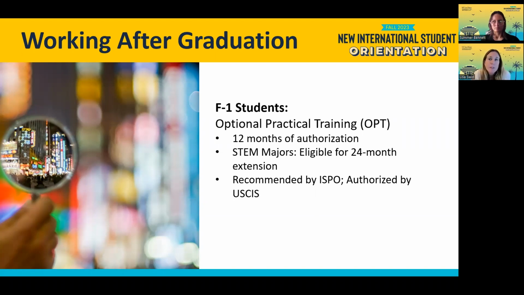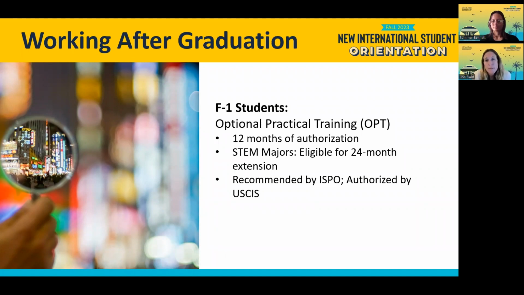So you can think of your F-1 program as divided into two parts. The first part is enrollment and completion of your degree requirements. And then the second part is applying everything that you learned during your program of study to the workplace for up to 12 months.